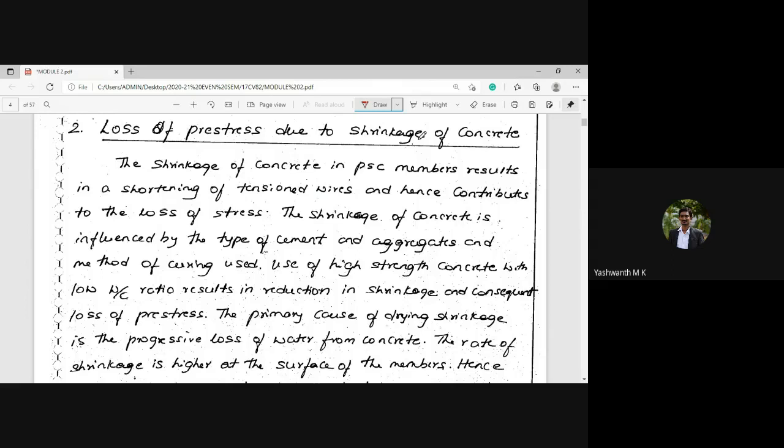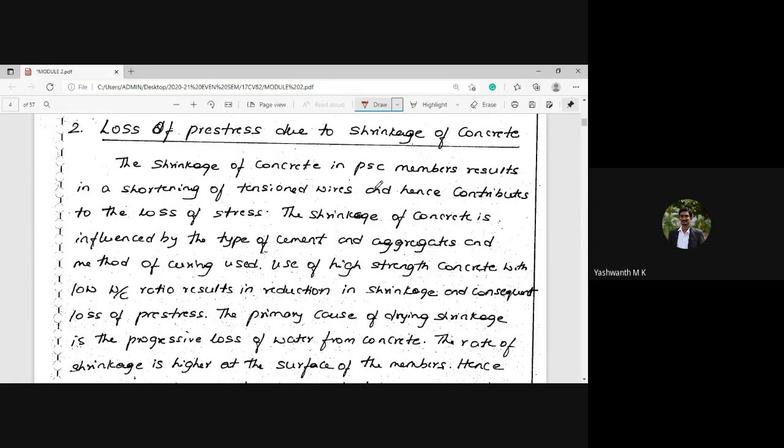As I stated, the shrinkage will depend upon various factors, that is cement, water cement ratio, and the type of aggregates. If these things vary, the shrinkage will vary. If shrinkage varies, automatically the loss of pre-stress is going to happen.